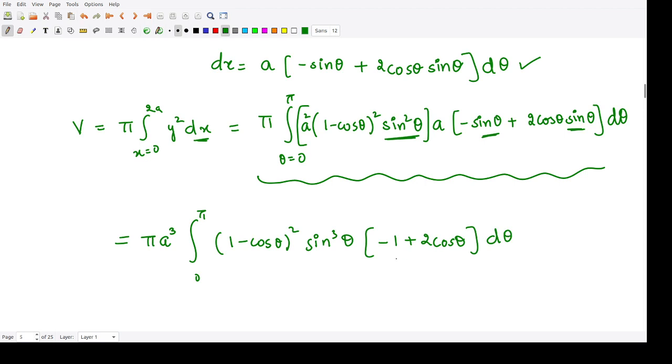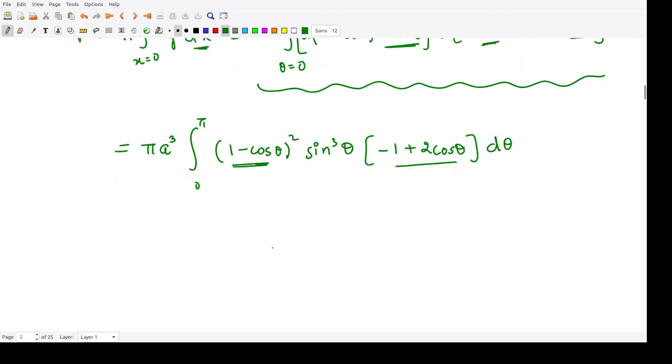What is this term? 2 cos theta minus 1. And what is this term? (1 minus cos theta) whole square. So the first term becomes pi a cube integration 0 to pi, 2 sine square theta by 2, whole square, and then sine cube theta.